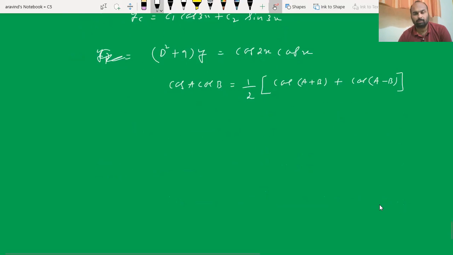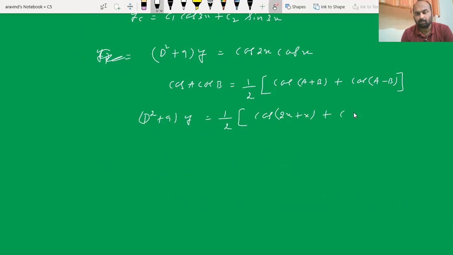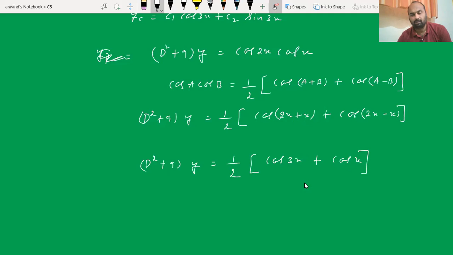So the above equation becomes (D square plus 9) into y is equal to 1 by 2 into cos(2x plus x) plus cos(2x minus x). Therefore, (D square plus 9) into y is equal to 1 by 2 into cos 3x plus cos x. So we got these two.